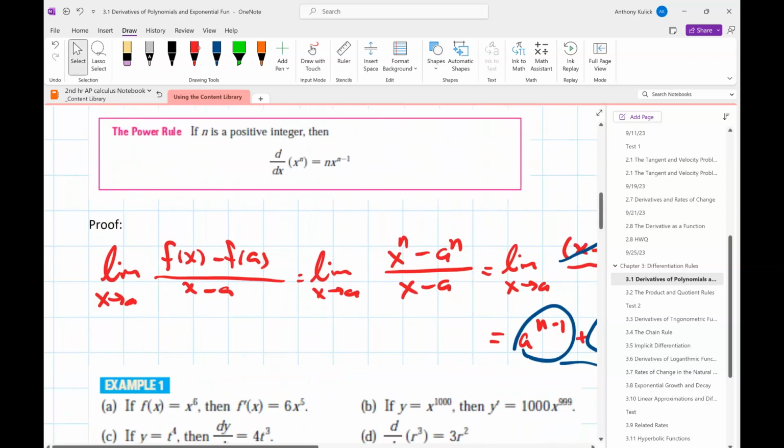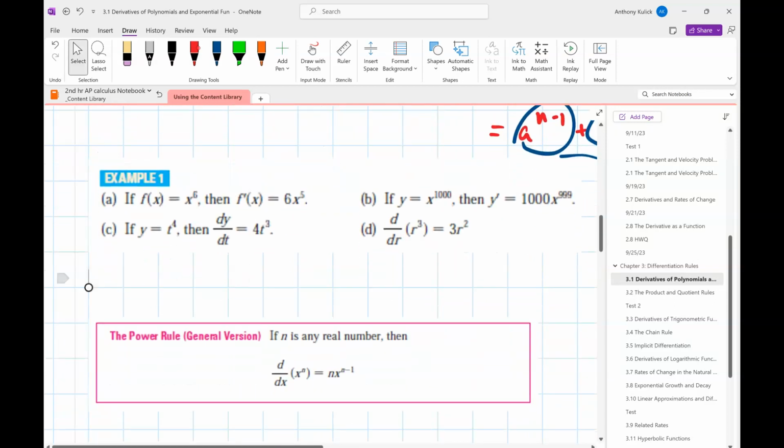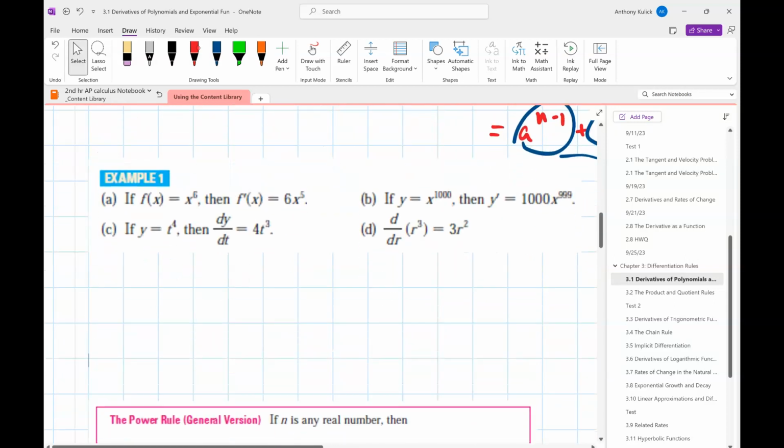Here's what you need to do with it. If f of x is x to the 7th, its derivative should be 7x to the 6th. And you're done. No limit, no algebra.